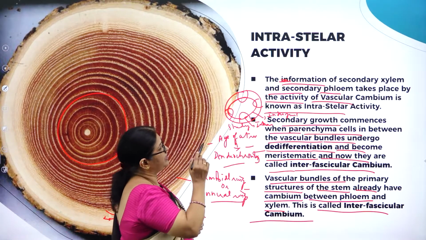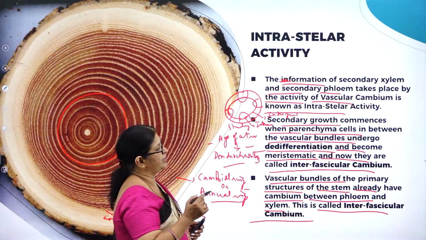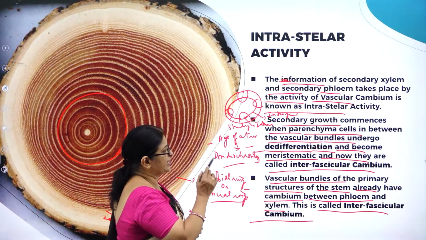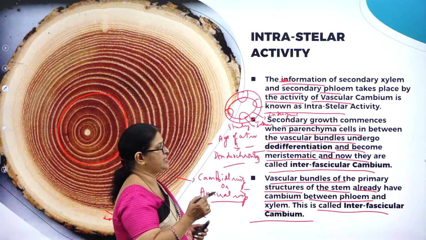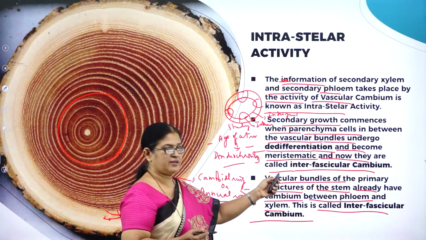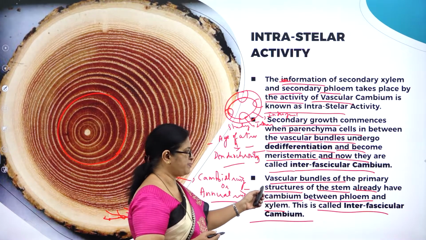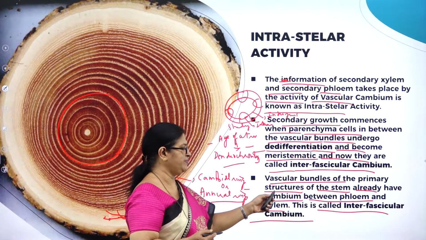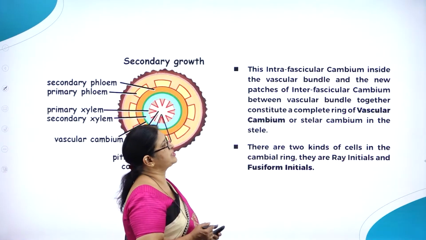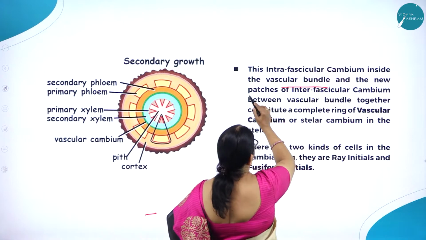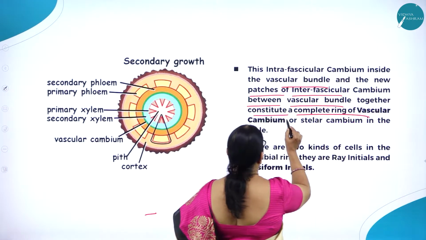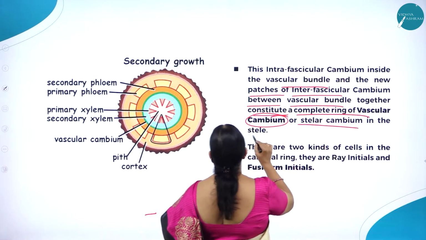So what is intrastellar activity? The formation of secondary xylem and secondary phloem by the activity of the vascular cambium. The intrafascicular cambium inside the vascular bundle and the new patches of interfascicular cambium between vascular bundles together constitute a complete ring called vascular cambium, or otherwise stellar cambium.